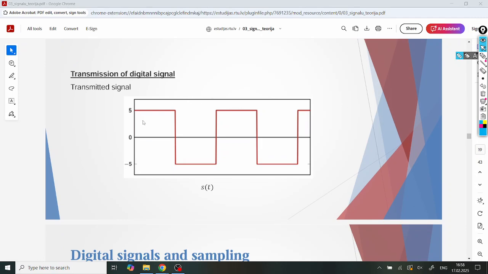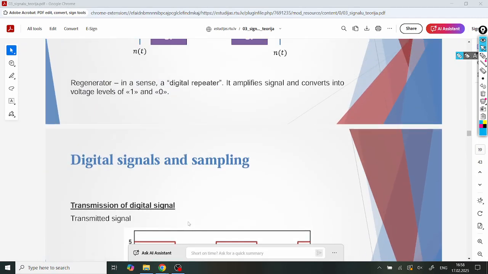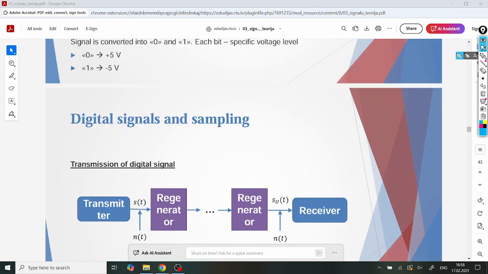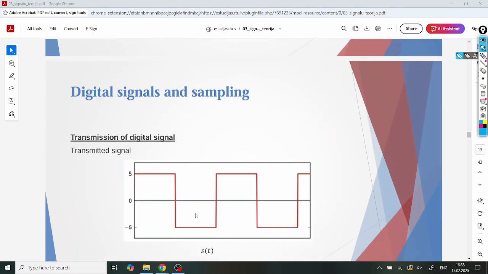And with this signal, it's much easier to deal with noise. Also, we still have to use regenerators, just to be fair in this comparison. And the regenerator actually is a little bit different from the repeater. The regenerator can clean noise. That is a big deal here, because physically nothing changes.